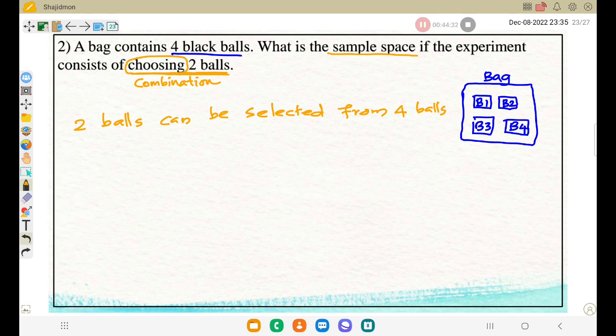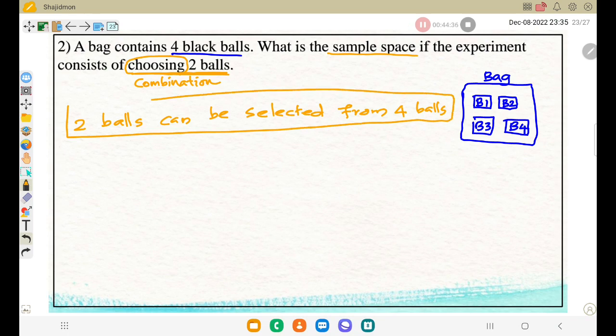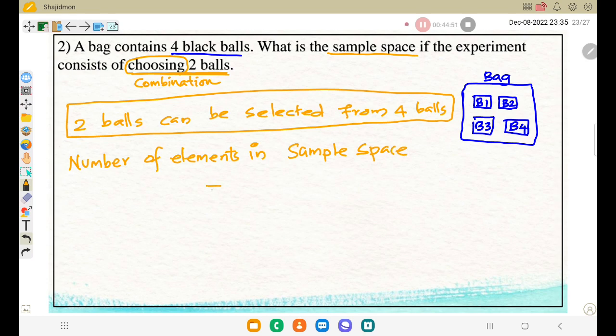So how many elements will be there in the sample space? The number of elements in the sample space equals the combination of 4 balls taking 2 at a time, correct?